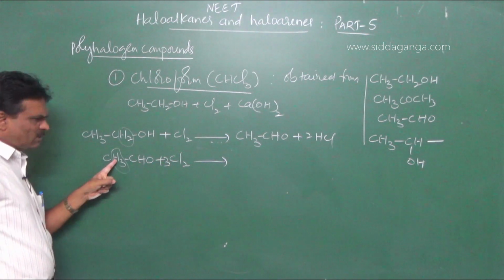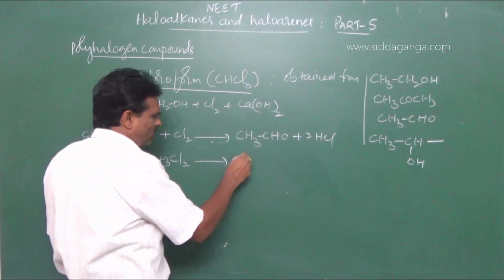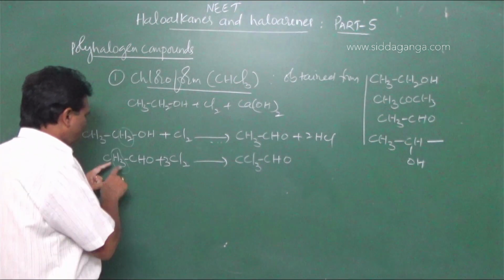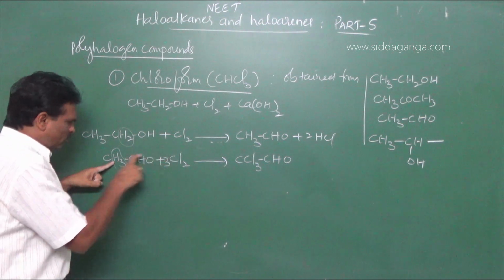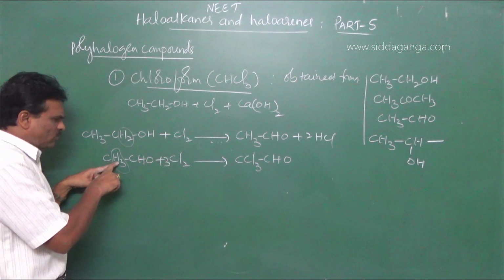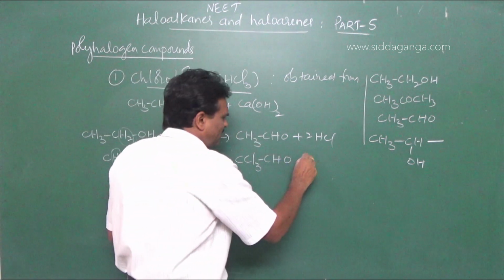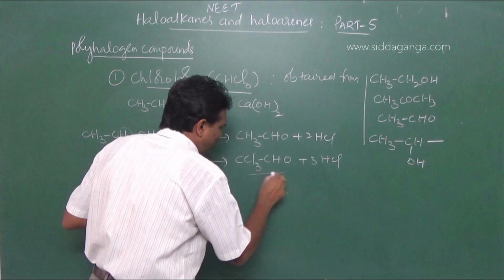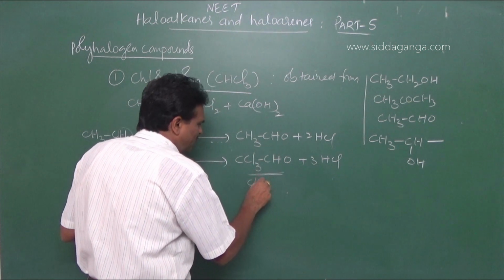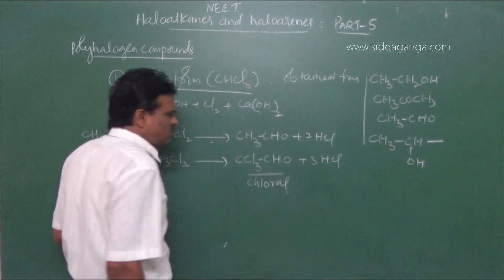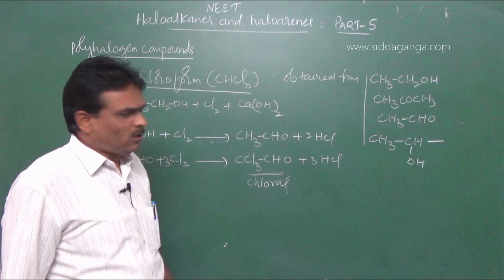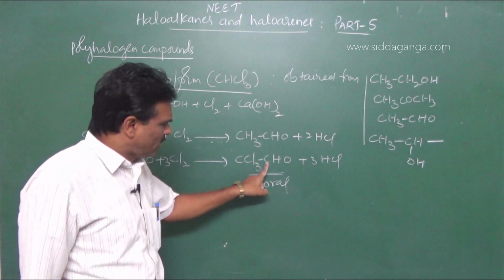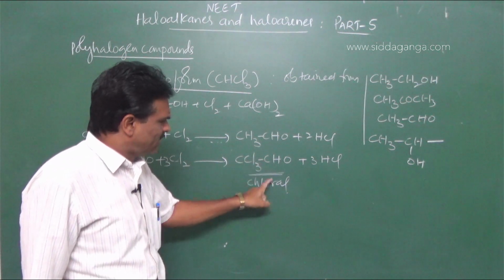All the 3 hydrogen atoms are replaced by 3 chlorine atoms. It requires 3 moles of chlorine, to form CCl3CHO, and 3 moles of HCl are eliminated. This is chloral, trichloroacetaldehyde. It is one of the important compounds used in preparing DDT.